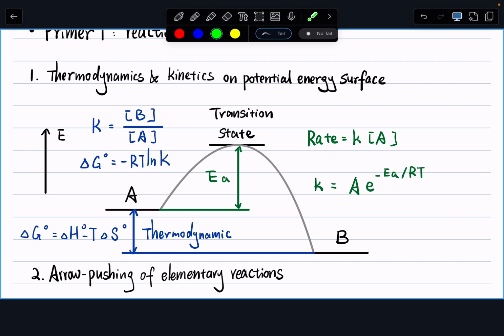If we're looking at the thermodynamics, we're talking about the energy difference here. The delta H formation of my secondary carbocation is going to be smaller than the delta H formation of my primary carbocation.